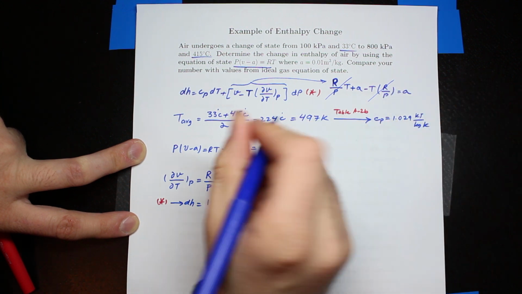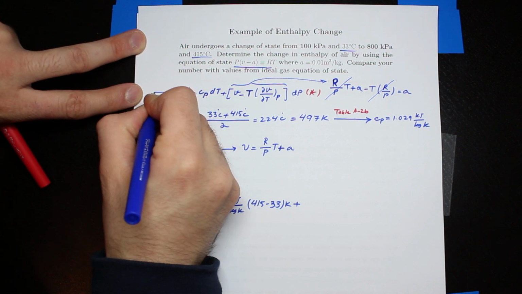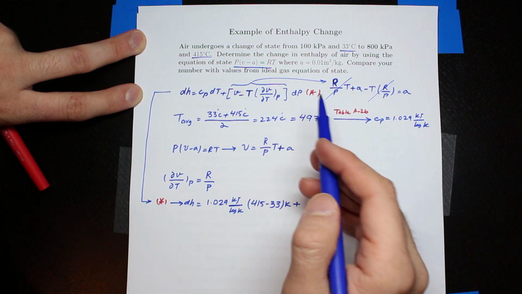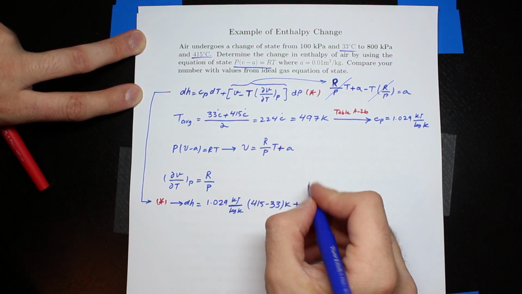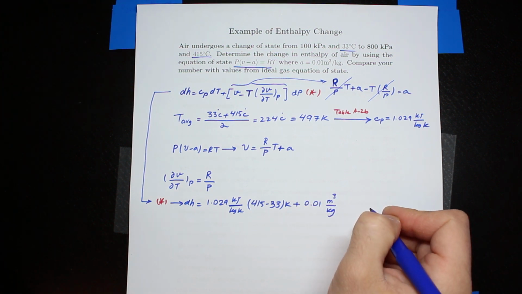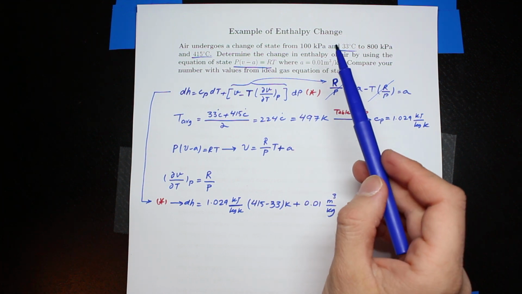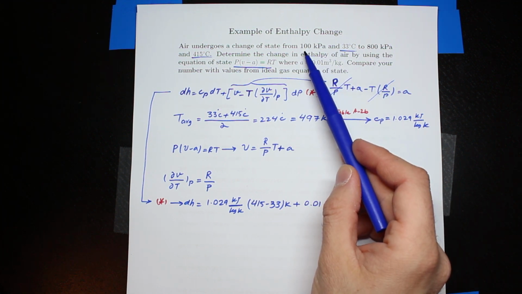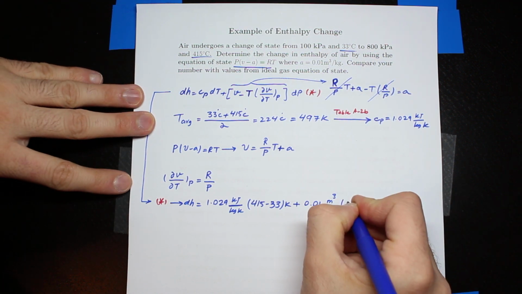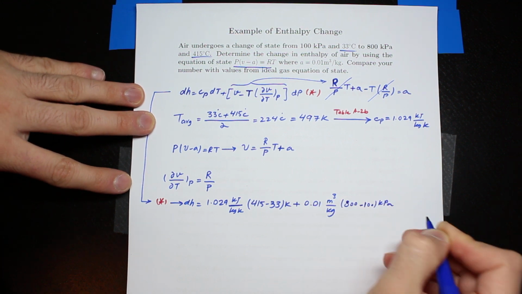That just gives me A. So the entire bracket is A. So if I'm rewriting this here, because this equation is coming from equation 1 star, my entire bracket is A, and the value of A is given, that is 0.01 meter cube per kilogram, multiplied by change in pressure, and the pressure changes from 100 kPa to 800 kPa. So the delta P is 800 minus 100 kPa.